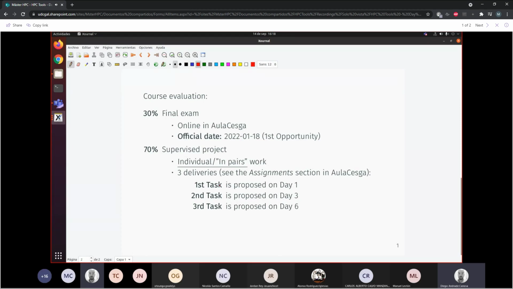The overall idea of this project is that you experience the process between having the idea to implement something as high-performance computing software, making your first version of this software, and then trying to optimize it in different ways.